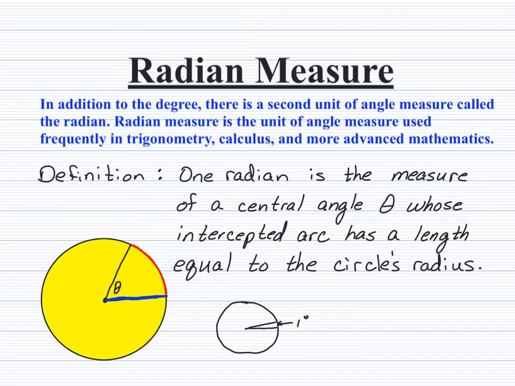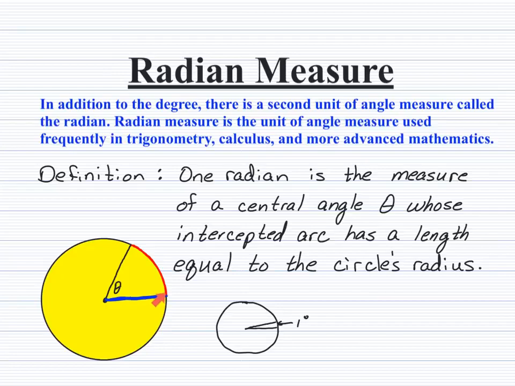A radian is not that small. So how big is 1 radian? Well, if you draw the radius of a circle, and let's say you put a piece of string on this and measured it to be 5 inches.